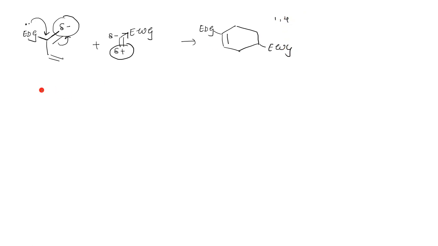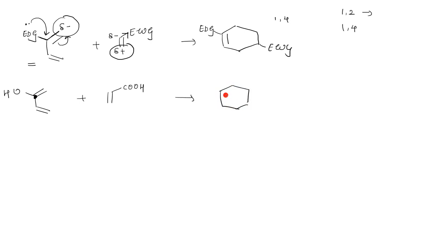Okay, so let's take some example. Take any example, say the electron donating group is OH, and the electron withdrawing group is say COOH. One trick you can remember is 1,2 and 1,4, depending upon the position where it is present. So here, if it is present at this position, it will always be 1,4.